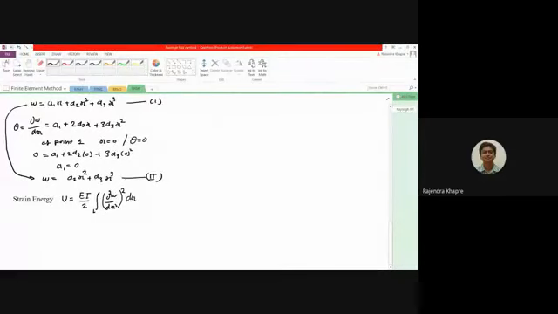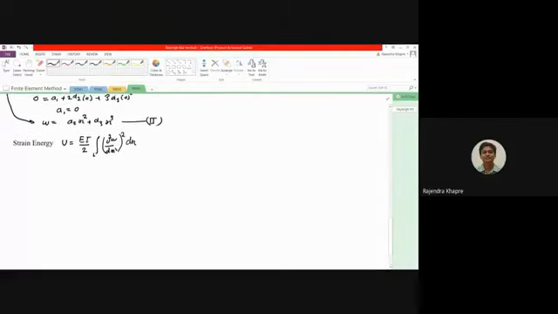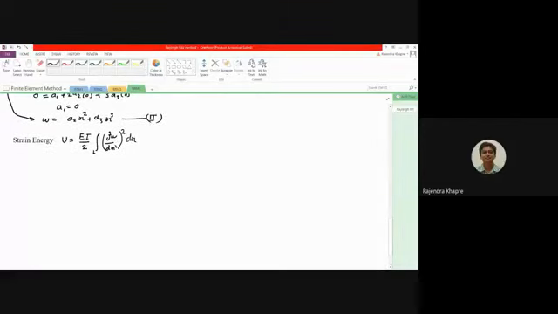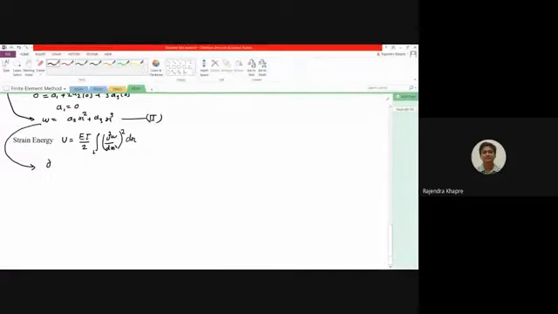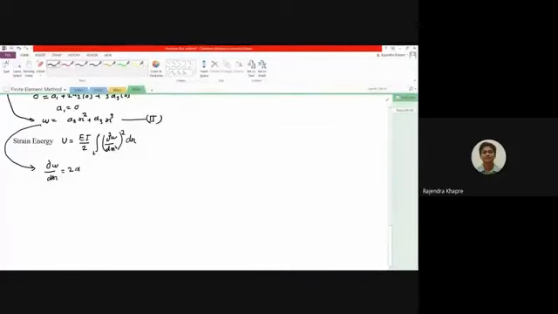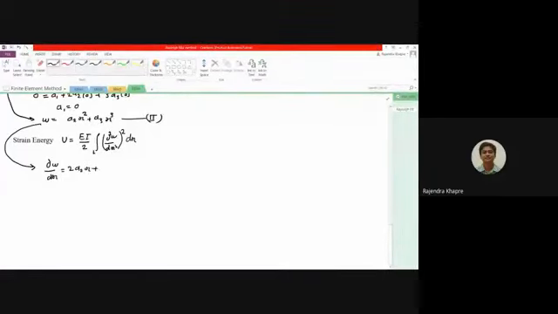First of all we need to find d square w by dx square. We already know the value of w over here, so we can go with dw by dx. This is 2 times a2 into x plus 3 times a3 into x square. I hope this is correct.